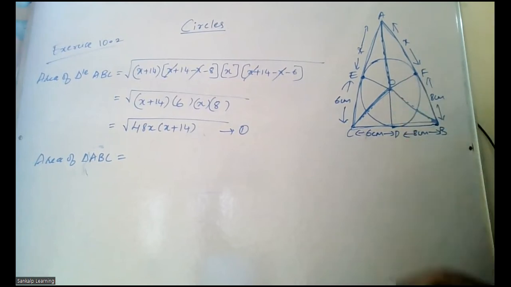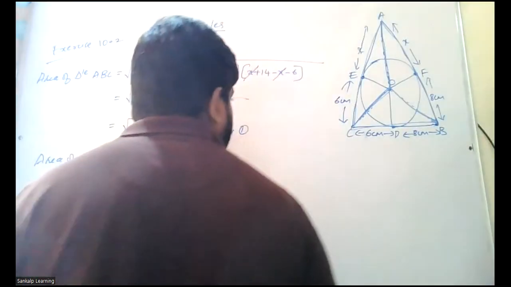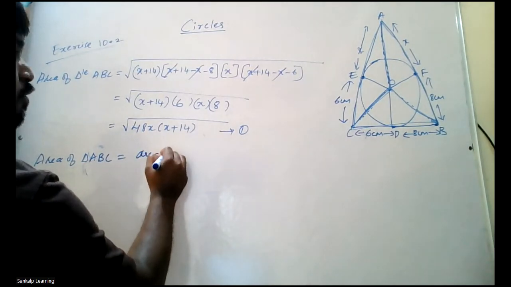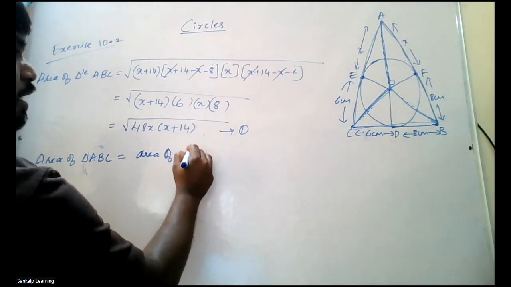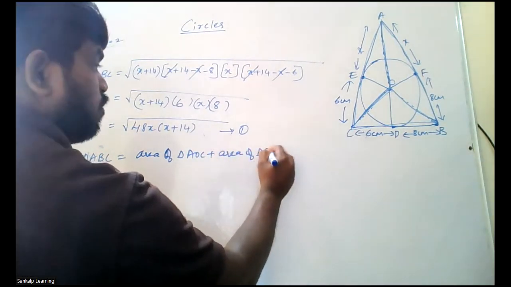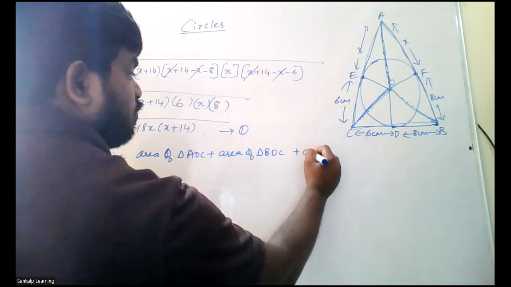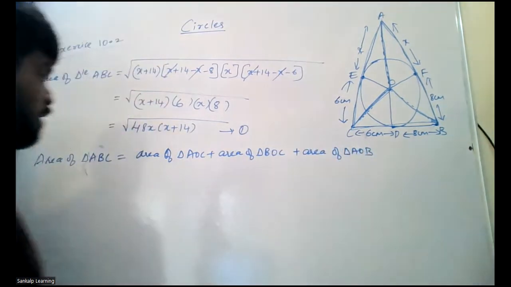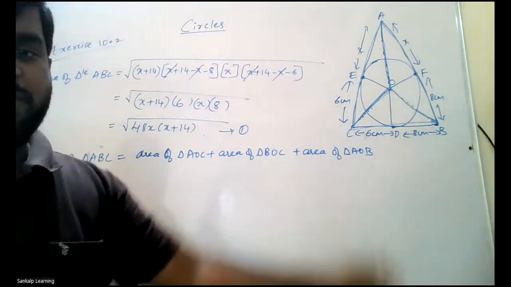If I add all these triangles, I'll get back ABC itself, right? So area of triangle AOC plus area of triangle BOC plus area of triangle AOB. This entire thing can be written as the sum of these three things.